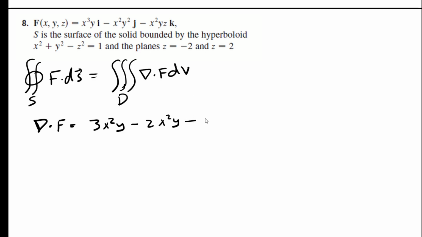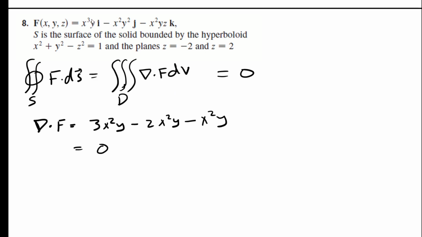So this is x squared y. Did I do that right? Because that means that this is 0, which would mean that the whole thing is just 0. Let me double check that.